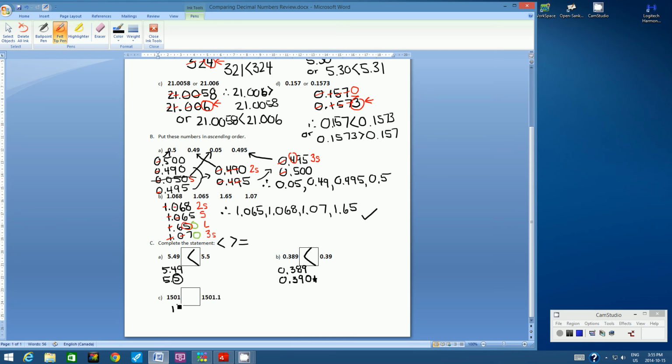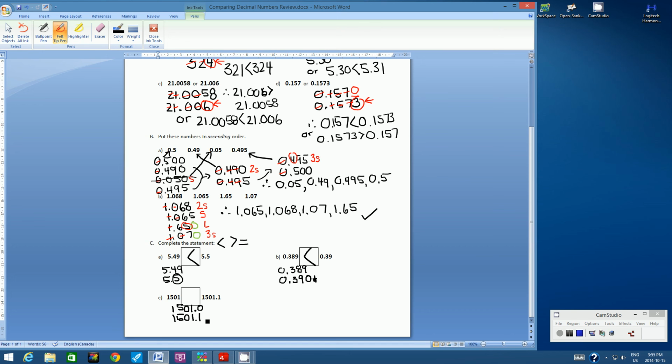And then finally, we get a whole number, which is pretty unusual. And then we get a decimal number after it. Now the whole number itself, the top number, the whole number is 1,501. The bottom number, the whole number is 1,501. So the only difference comes in the tenths column.